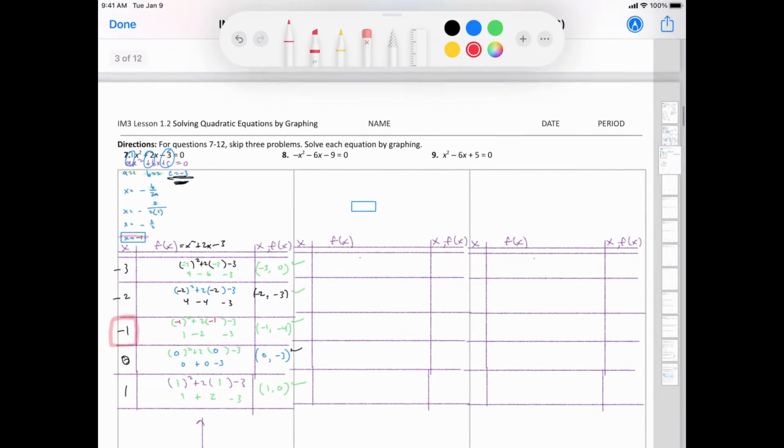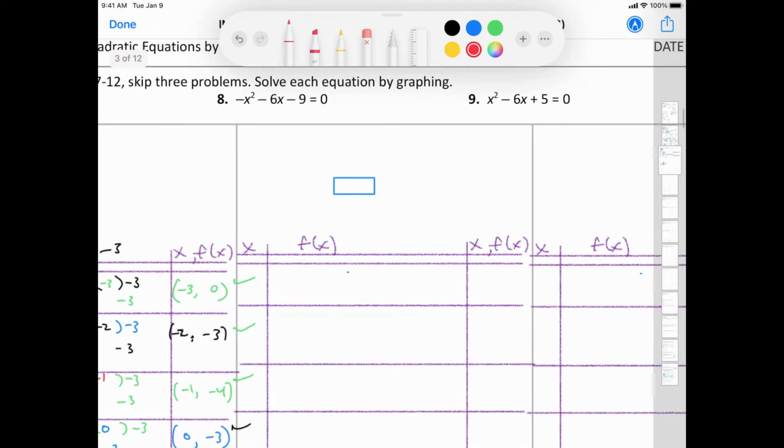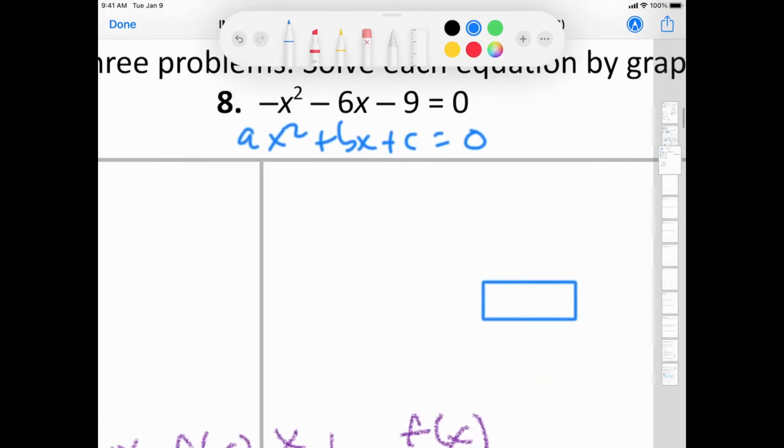All right, let's go ahead and try question number 8. This one's going to be ultra fun because you write standard form. A equals -1, B equals -6, and C equals -9. Let's go ahead and put in our axis of symmetry.